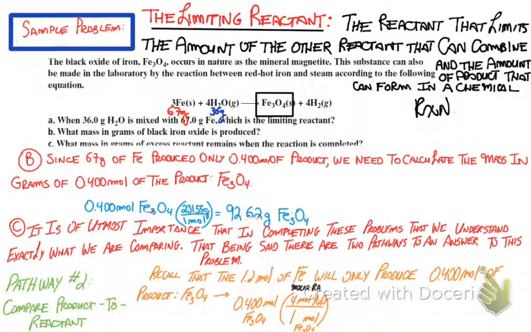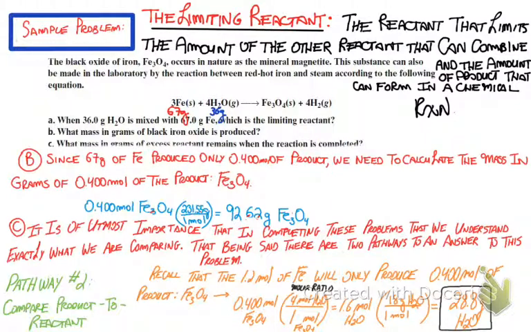And I end up getting, as we talked about before, 1.6 moles of water. When I multiply that by the molar mass of water, I get the same answer of 28.8. Now, that's the amount consumed. To figure out the amount left over, we simply subtract 28.8 from 36 to get 7.2 grams of water left over.